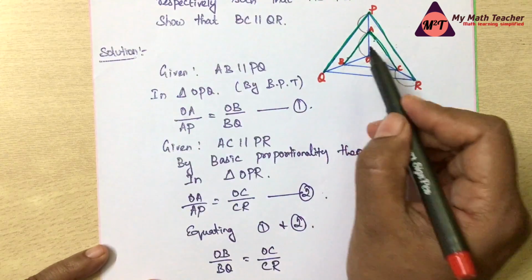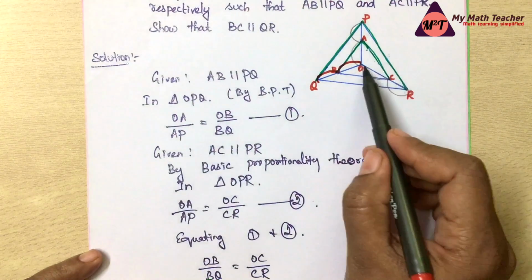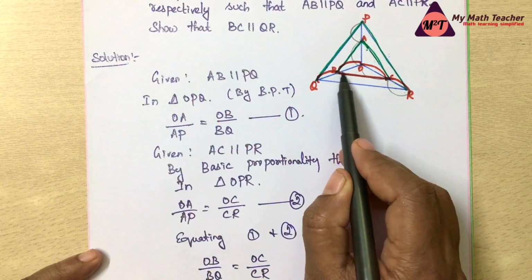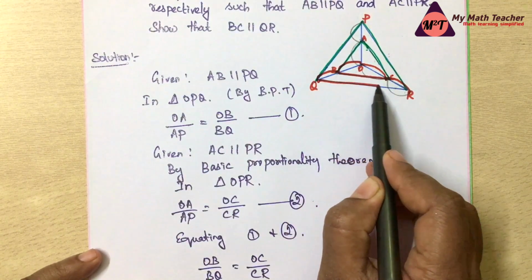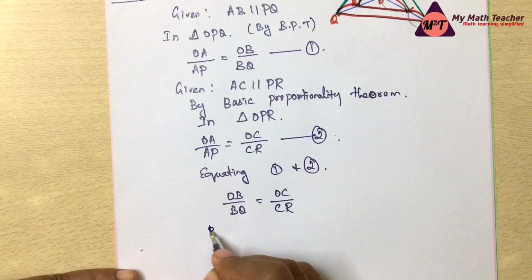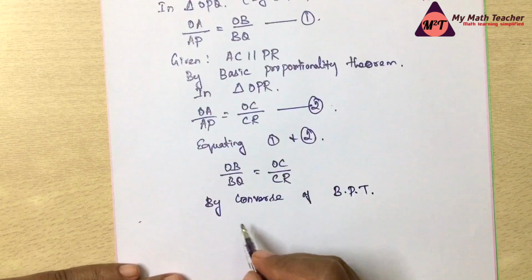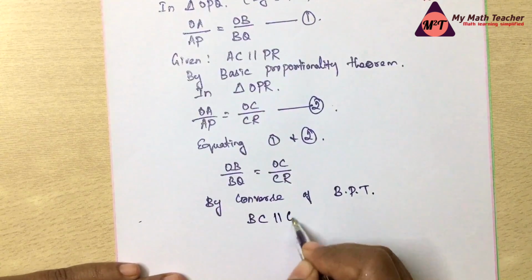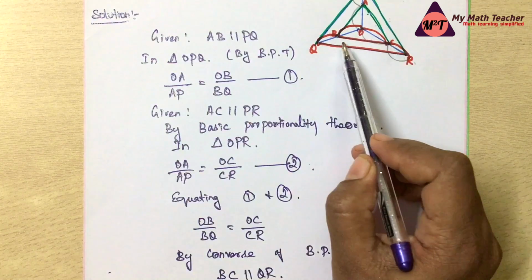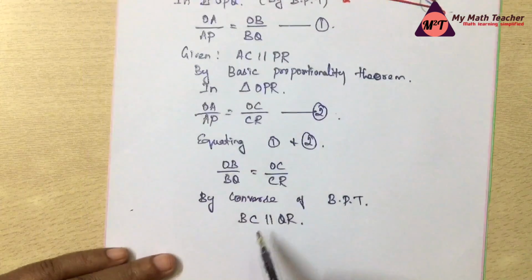OB divided by BQ is equal to OC divided by CR, which means we can say the line BC and the line QR are parallel. So by converse of basic proportionality theorem, BC is parallel to QR. Converse is, when OB by BQ is equal to OC by CR, we can definitely say BC is parallel to QR. Hence proved.